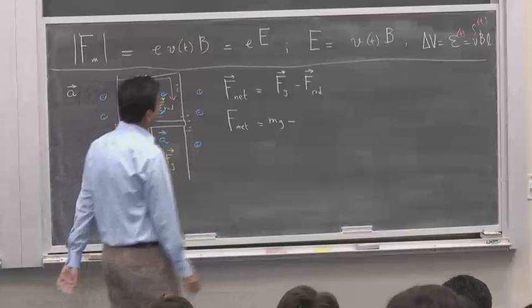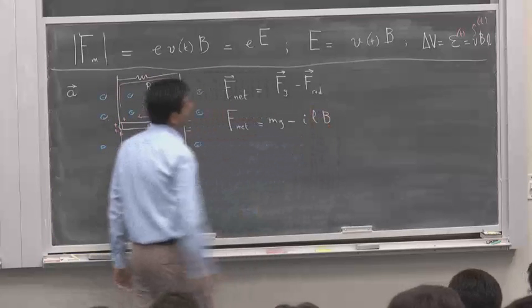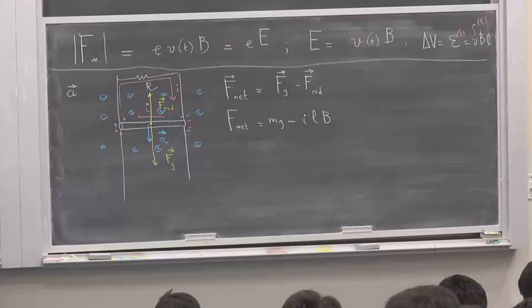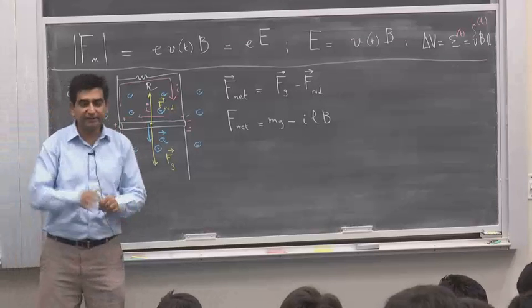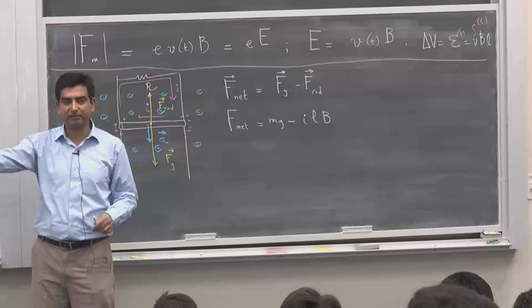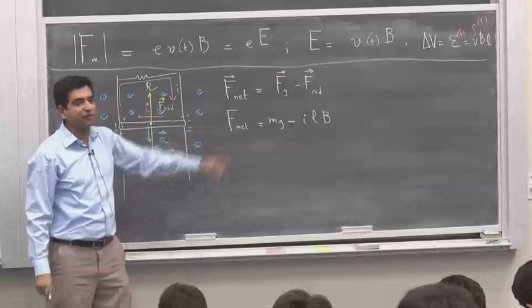Now F on the rod is I L B. Look, the current is going in this direction and the field is outward, I L cross B. Okay. Now this is the magnitude of the net force.